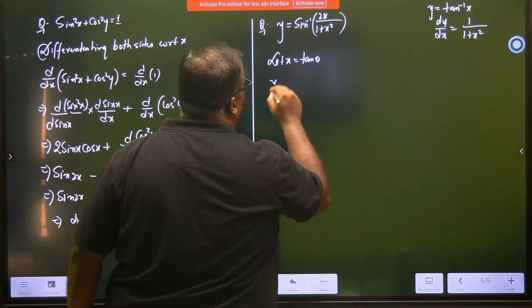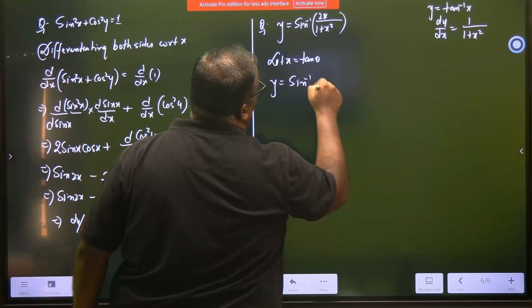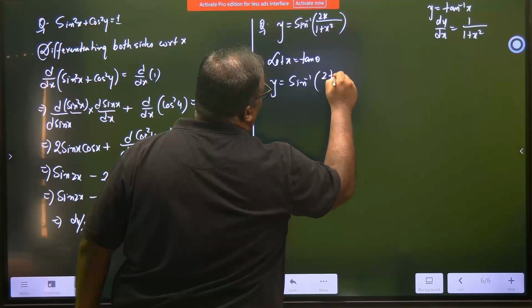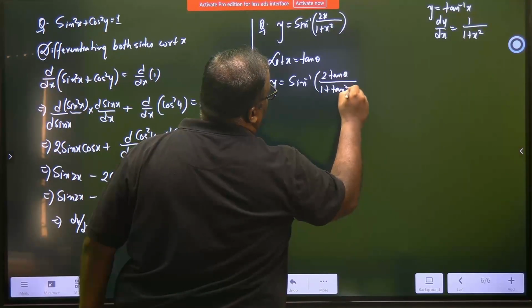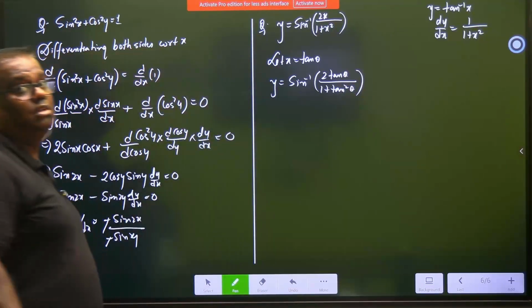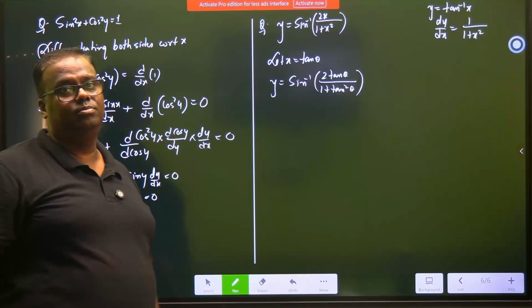So what does y become? y becomes sine inverse of 2 tan theta divided by 1 plus tan square theta. Is it clear?